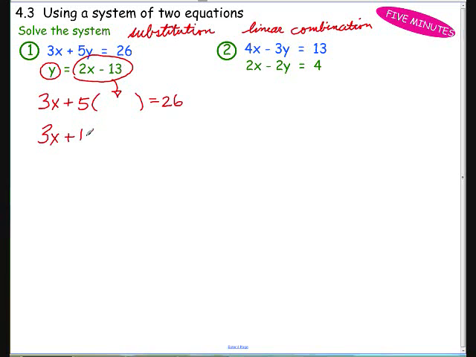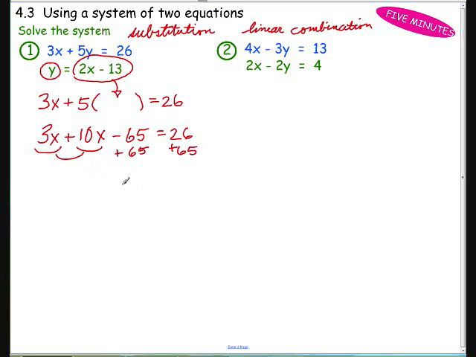We'll have 10x minus, what's 5 times 13? 65 is what it's equivalent to. Well, I've got like terms now right here. I'm going to combine those, and I'm going to add 65 to both sides.